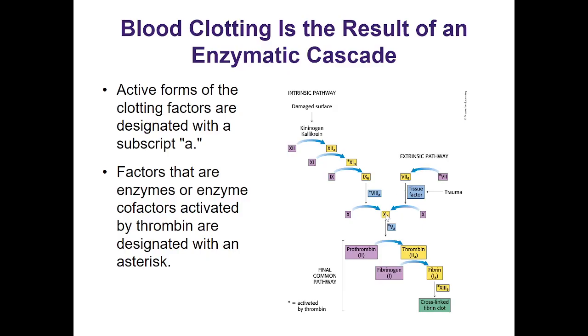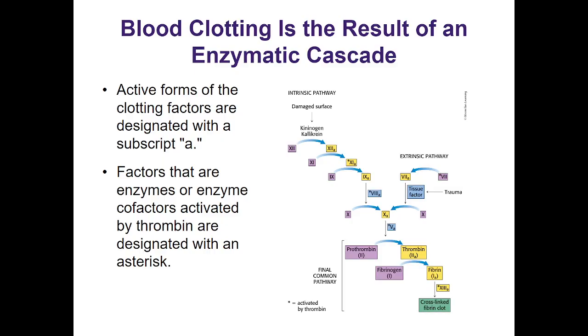And then once factor 10 is activated, it needs to be alongside factor 5. So you need the active forms of 10 and 5, and those then activate the thrombin. Keep in mind that if you did this in the middle of your blood vessel, you would clot your blood vessel, or you would make a clot in your heart.